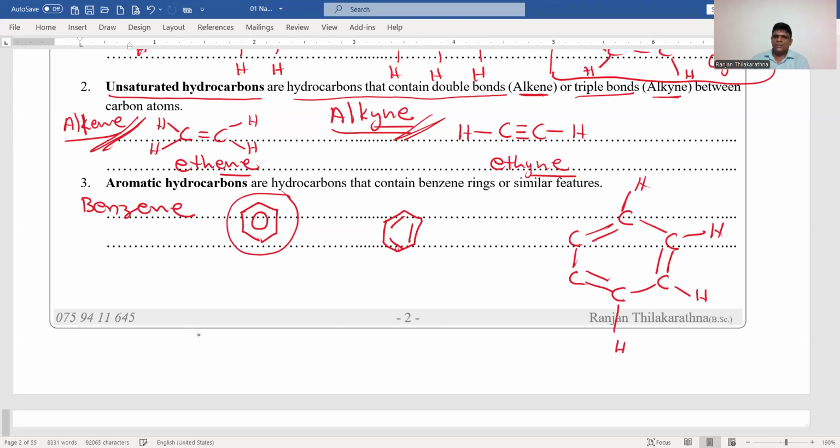Each carbon has a hydrogen atom like this. This is the structure, but normally we don't put all these hydrogen atoms. Then it is written like this, or sometimes we put a circle inside.